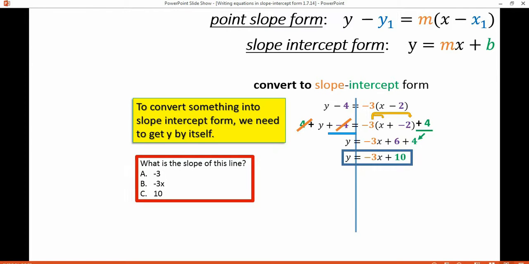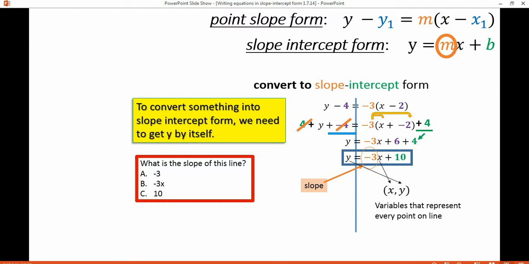What is the slope of this line? Notice that M stands for the slope, so the slope of our line is always going to be just M, just -3. So that's our slope. A lot of you, I bet, were tempted to choose choice B, but actually that x that's attached to the -3, that's a variable.